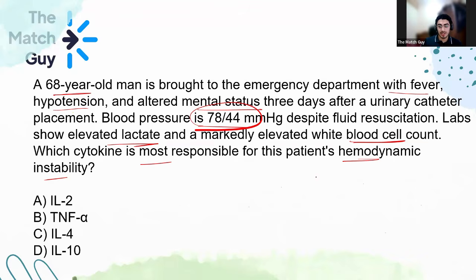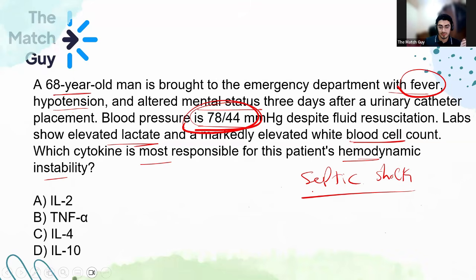So this presentation with hypotension and fever looks like septic shock. And what is the cytokine that is responsible for the hypotension in case of septic shock? The TNF alpha, which is one of the pro-inflammatory cytokines. So TNF alpha, guys, is very, very important for the step 1 exam.